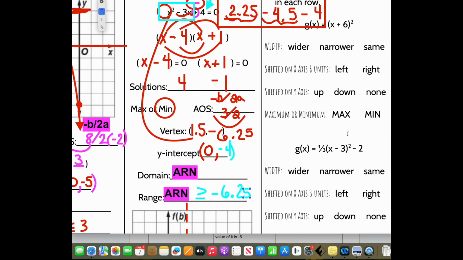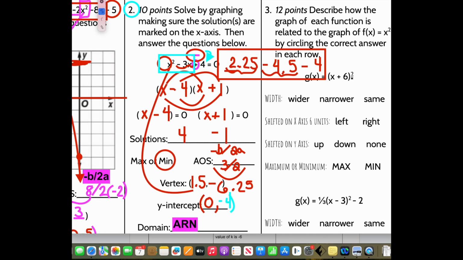All right, and for question number 3, we know that our parent function f of x equals x squared gives us a nice parabola that touches down at 0, 0. And when we start doing things to our parent function, it makes some changes to our parabola.